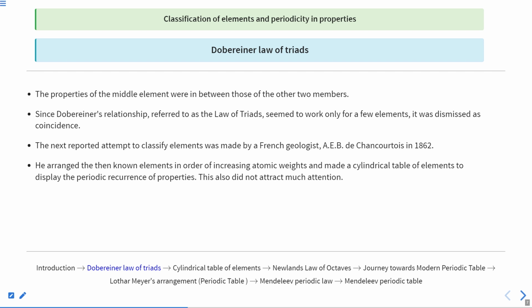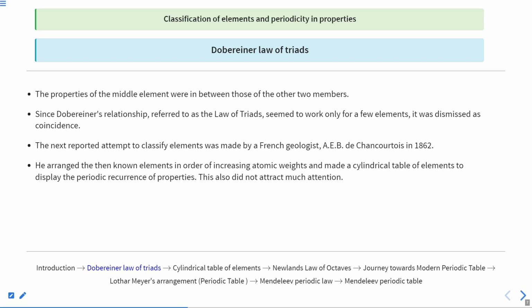Now, the next one who was able to classify the elements was a French geologist named A.E.B. de Chancourtois in 1862. He simply arranged the elements in the increasing order of atomic weight and made a cylindrical table of elements to display the periodic recurrence of properties.